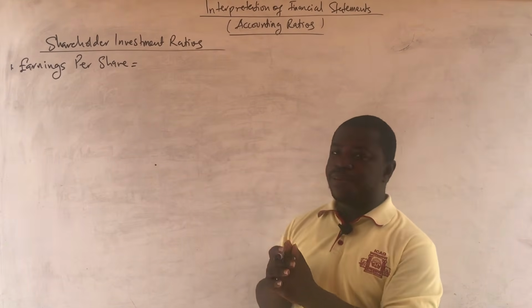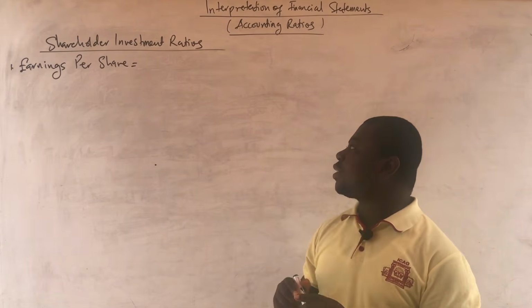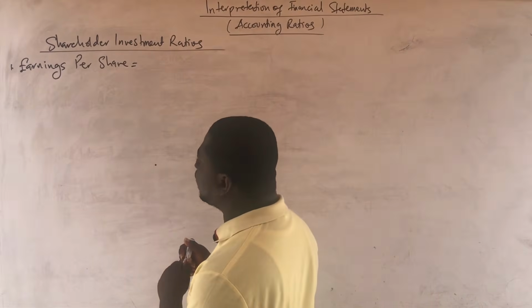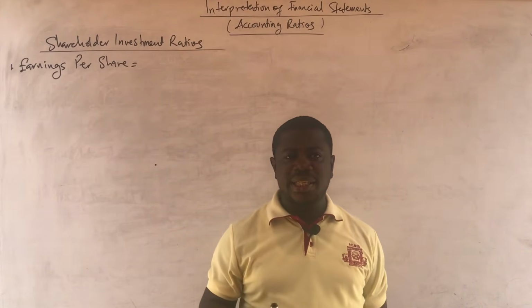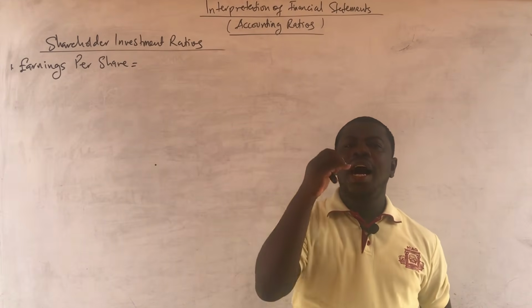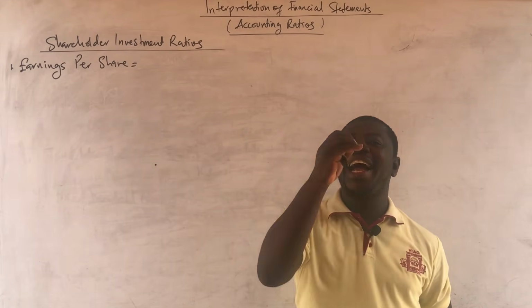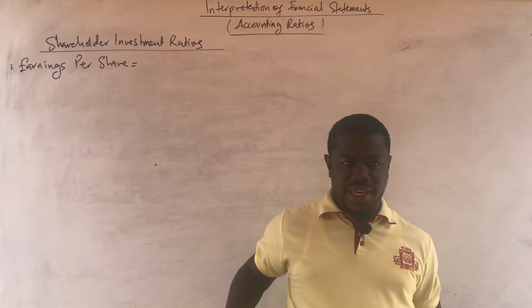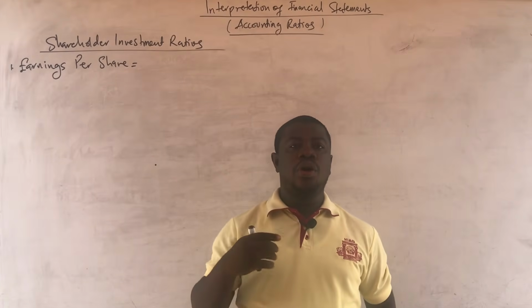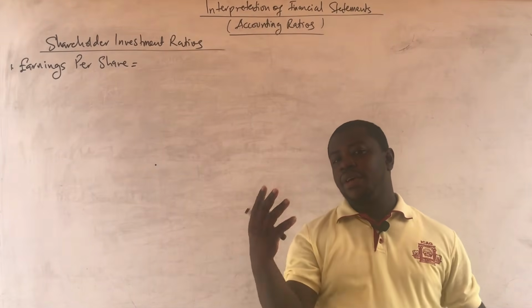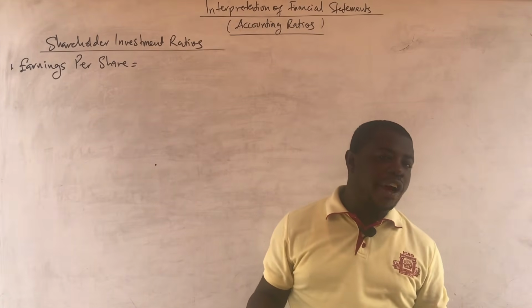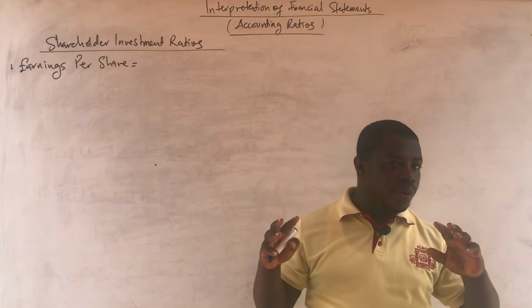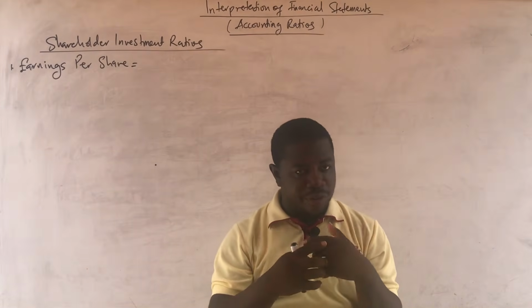Now, earnings per share is usually called EPS. And listen, we are looking at shareholders' wealth maximization. And so we want to know how much the shareholders are earning for every share that they have. That is the meaning. Because one person can have 10,000 shares in the company, another person can have 5,000 shares. We don't really want to look at the total earnings coming from the shares.